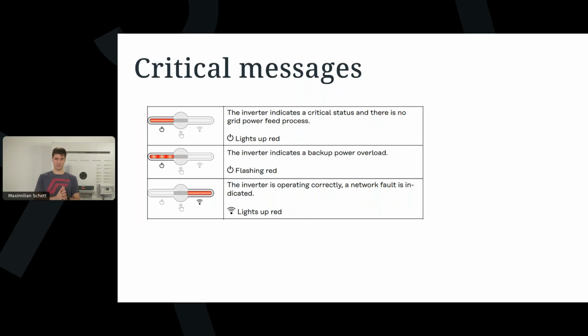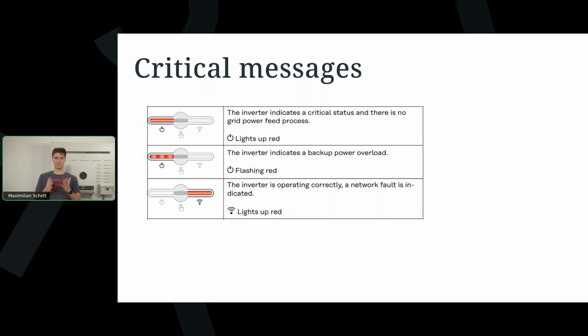If it is flashing red, this is something we haven't mentioned yet, then this indicates a backup power overload. You remember during backup power operation, there is a certain discharging limit that your combination of battery and inverter has. Let's say this discharging limit is 5 kilowatts and loads in your household are taking more than those 5 kilowatts, then the inverter is shutting down and ramping up again.